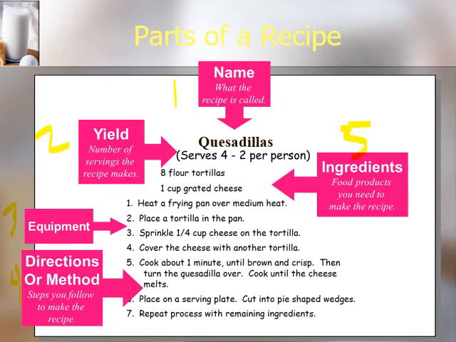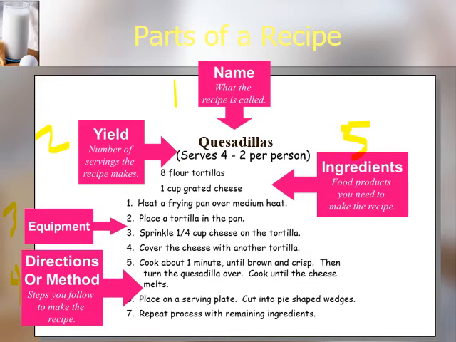The third is going to be the equipment. The equipment is typically going to be found together with the directions or method. So if you notice on the directions steps, it will say place a tortilla in the pan. So we know that you're going to need a pan or a skillet as part of your equipment. Number 4 is the directions or methods. These are the steps that you will follow to make a recipe.